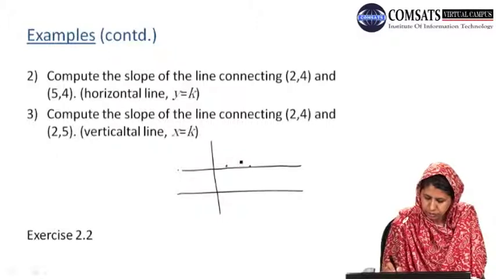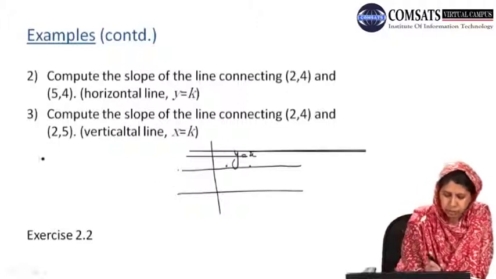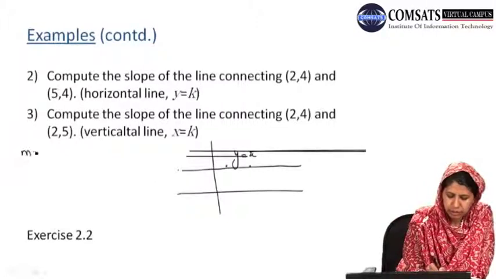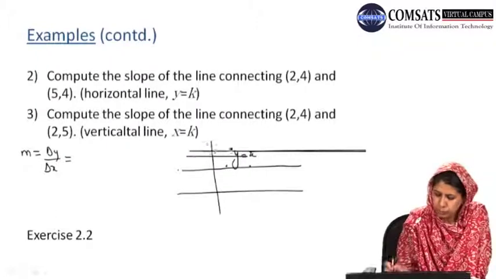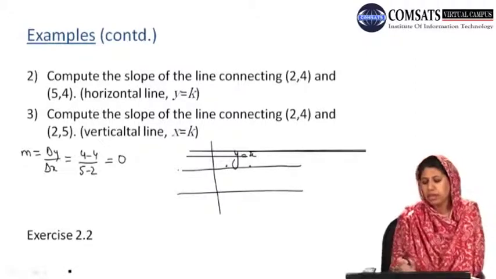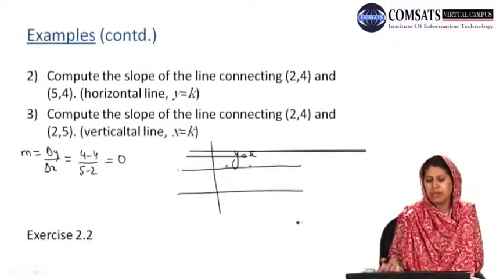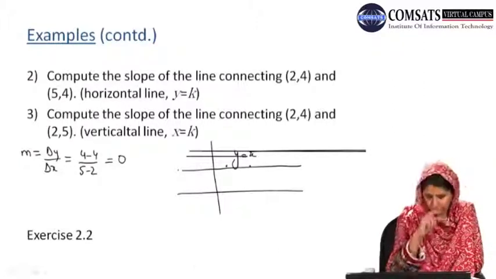So this is the horizontal line y equals k, and we want to find the slope of the line connecting the two points. So m will be equal to delta y over delta x, which is 4 minus 4 over 5 minus 2, which is 0. So now we have seen that if we have a horizontal line, then it must have slope 0.